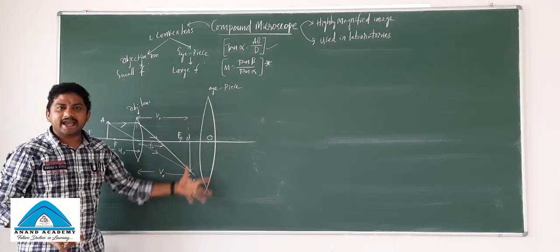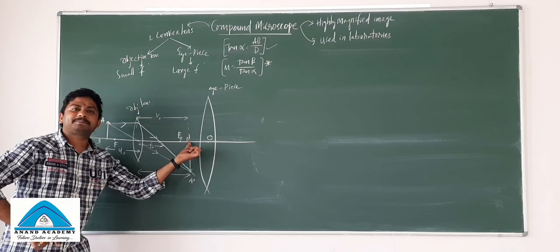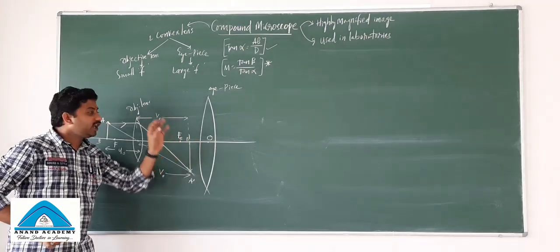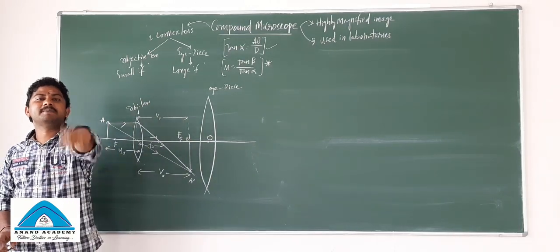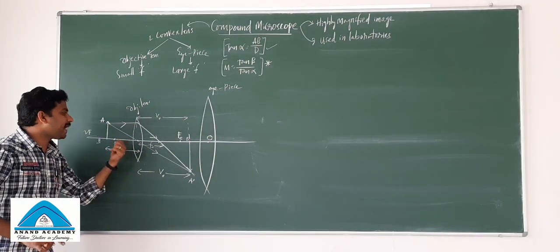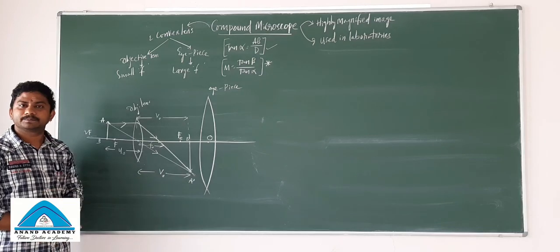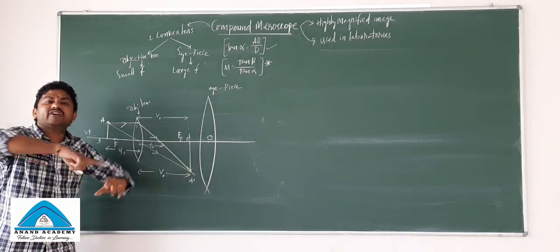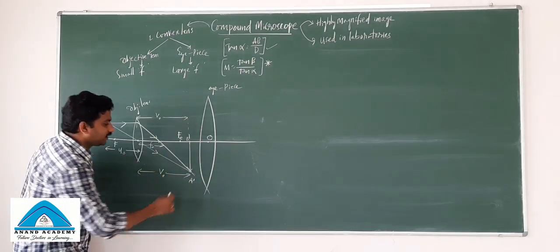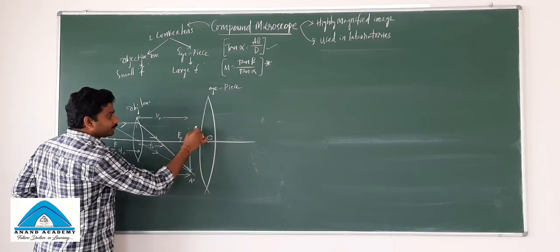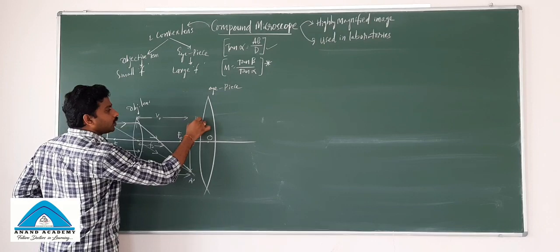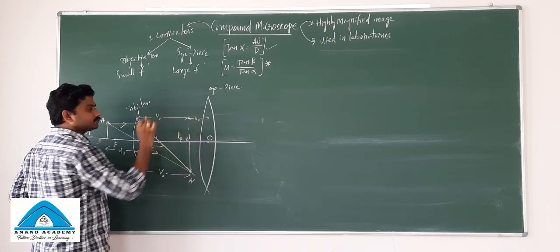Now, concentrate on the eyepiece. So the object is kept between O and F. The image formed by this is virtual, erect and magnified. Already there is a magnified image formed here, so this will magnify it much more. How? Let's see. So there is an object distance here. This is called the object distance.